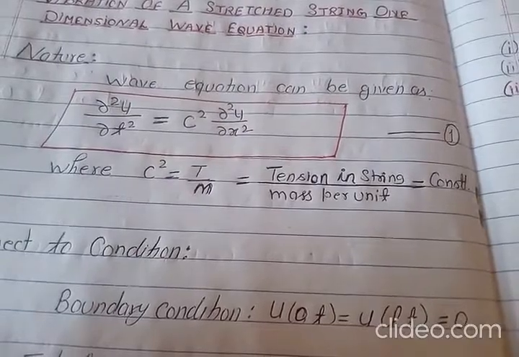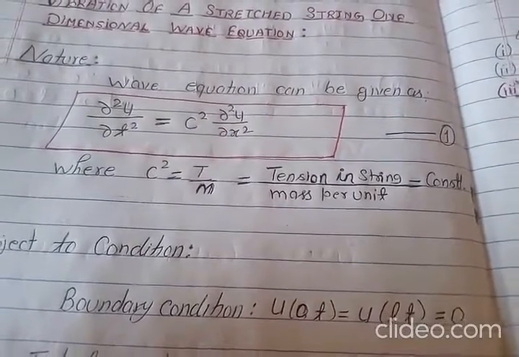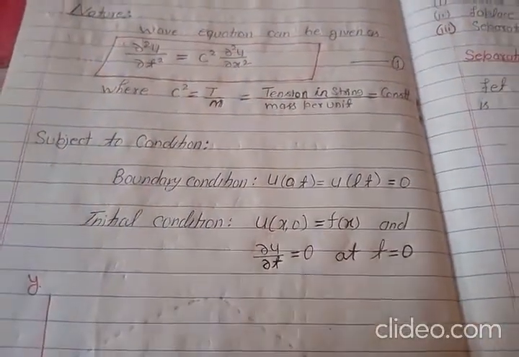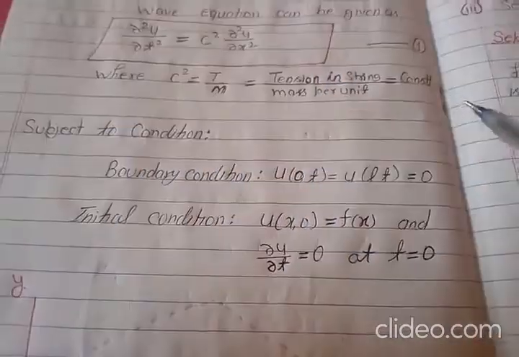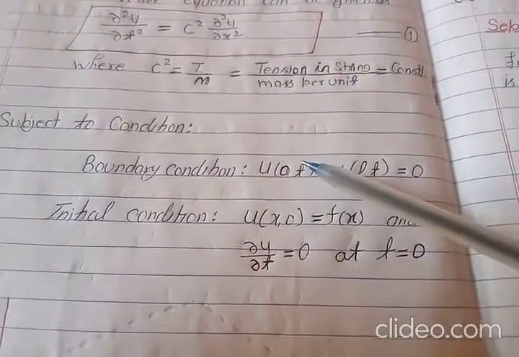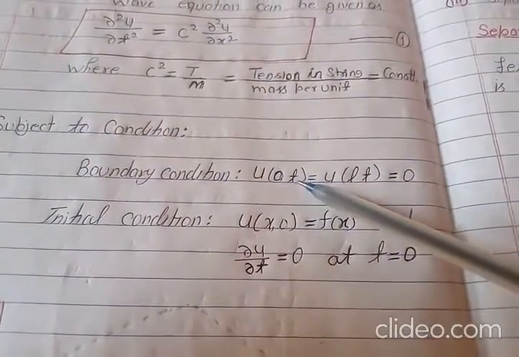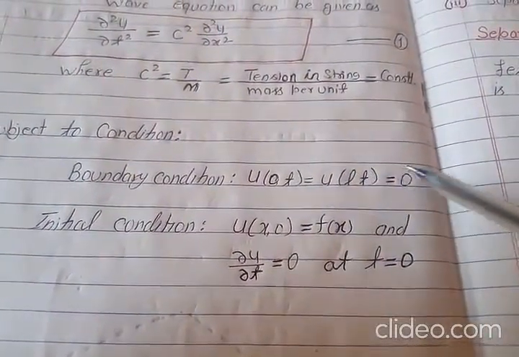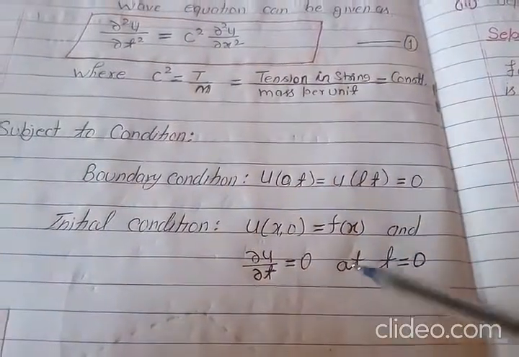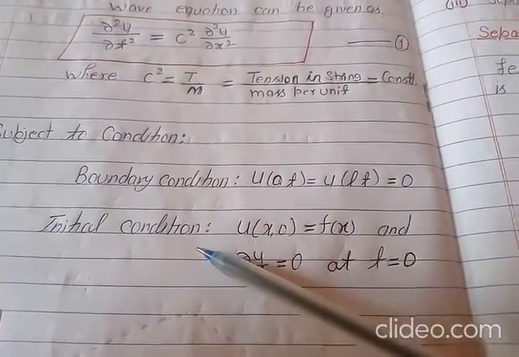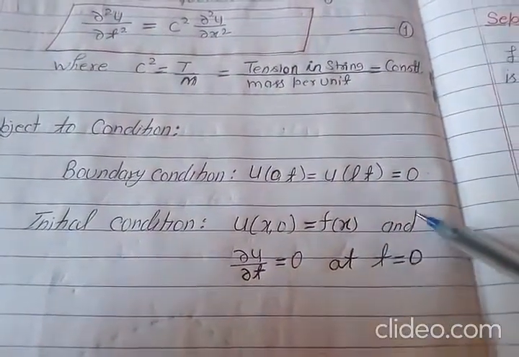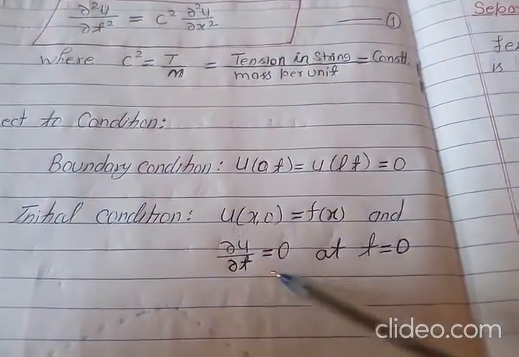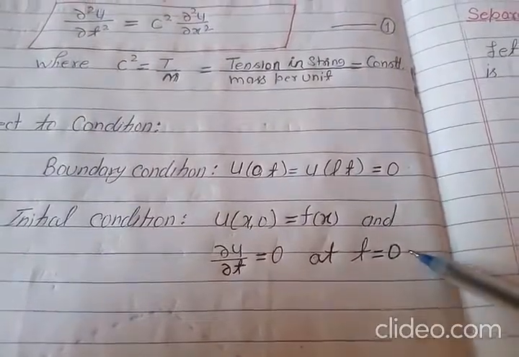With this equation there are some boundary conditions, or we can say it is subject to conditions. First is the boundary condition, which is given: u(0,t) = u(L,t) = 0, and the second one is the initial conditions, which are u(x,0) = f(x) and ∂u/∂t = 0 at t = 0.